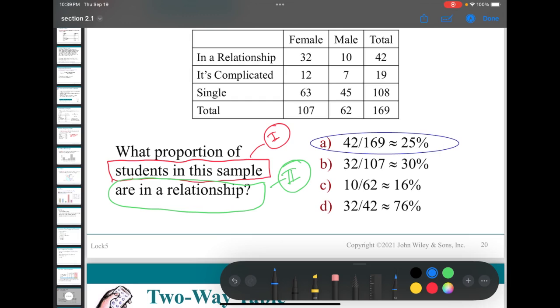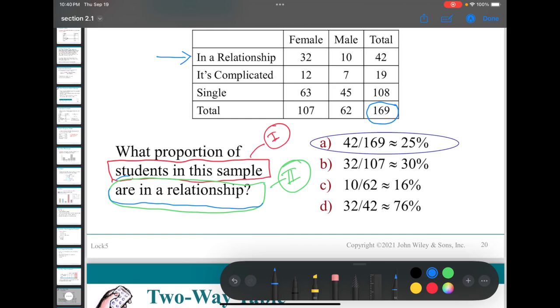So let's check these numbers. Students in this sample. Where can we find these students in this sample? This is the students in this sample. That's the total, right? The sample size. Then in a relationship, how many students are in a relationship? What is the frequency of this piece? The ones in a relationship are here in this row.